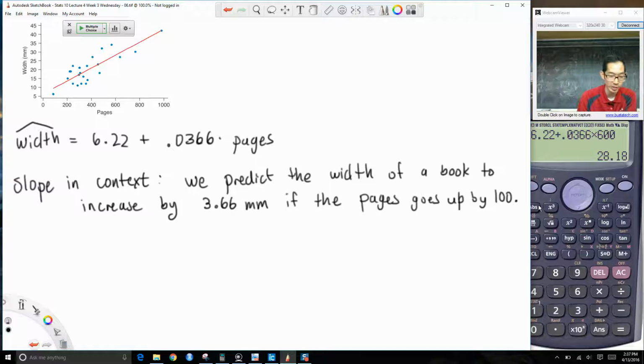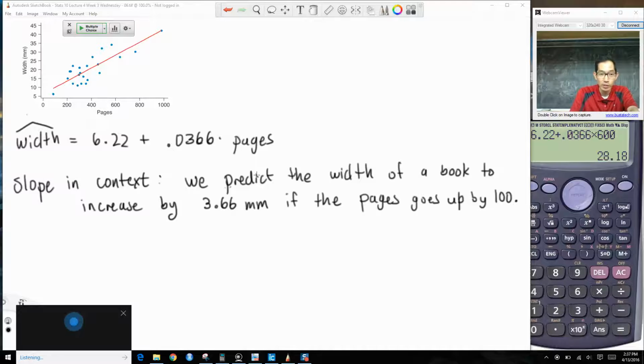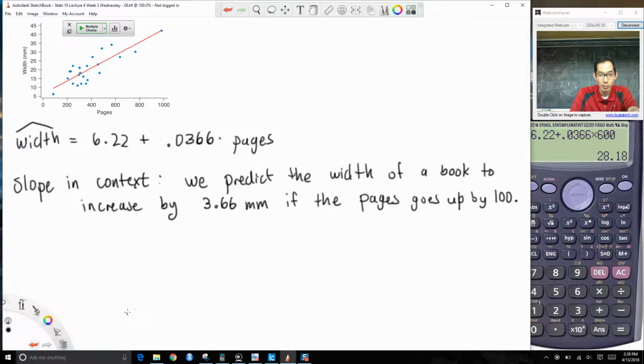It's just saying, based on our understanding of the other books, this is what we're predicting. It's not a definite thing, and that's why we have the hat over the thing here.